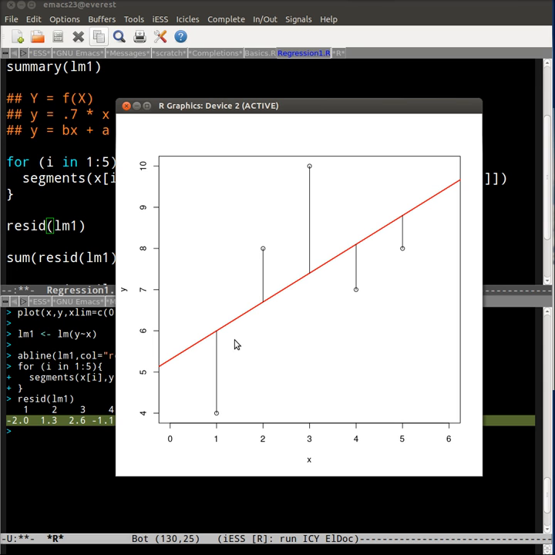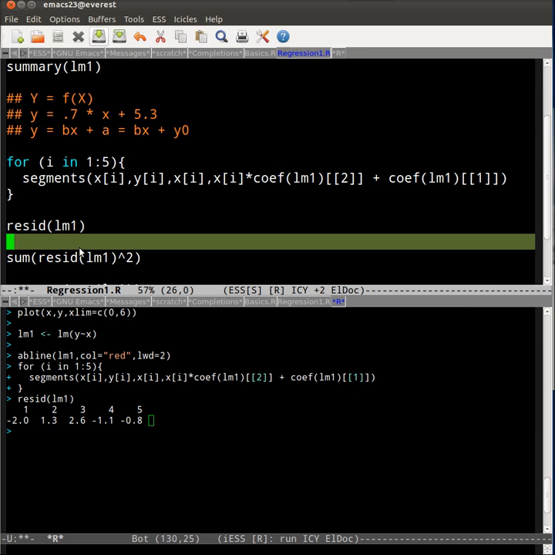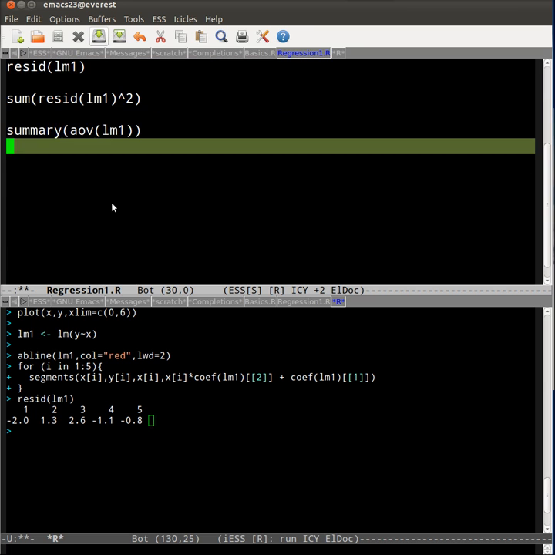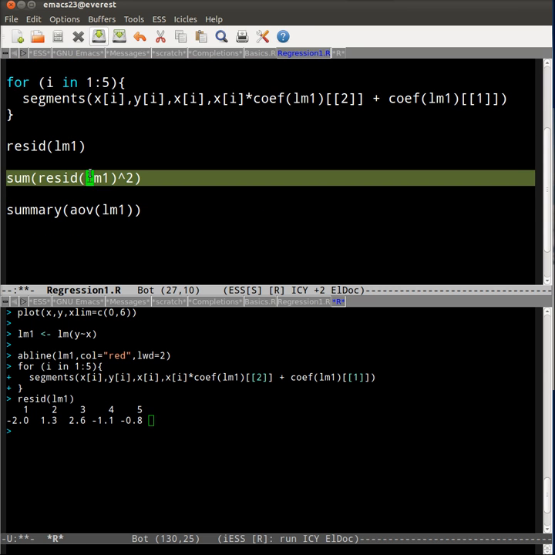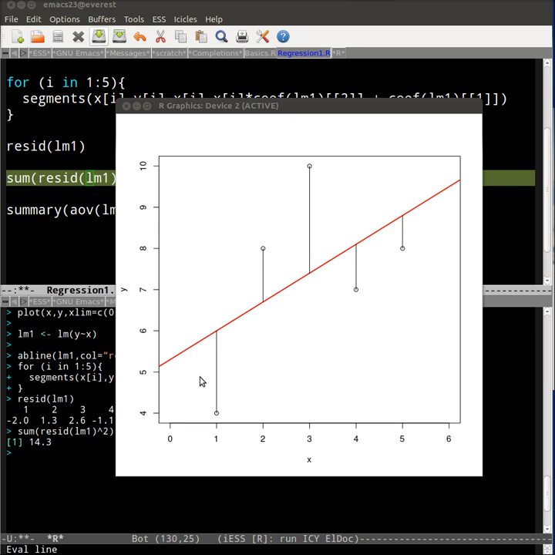Now, these residuals play a part in what we're going to do because they are part of the least squares. Least squares means that if we square these residuals and take a sum total, it's this -2 squared, which is going to be 4.